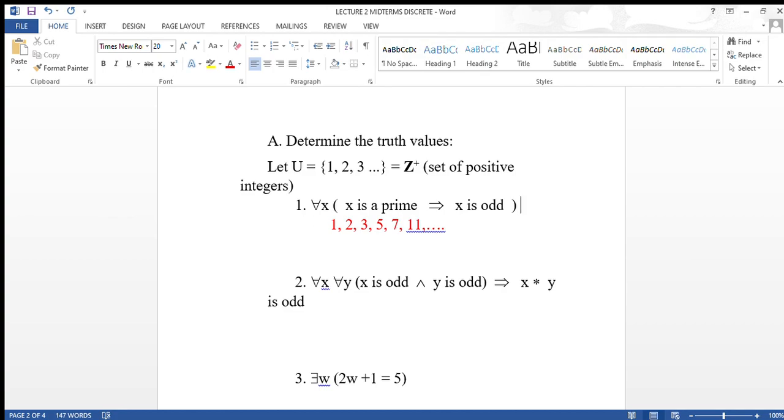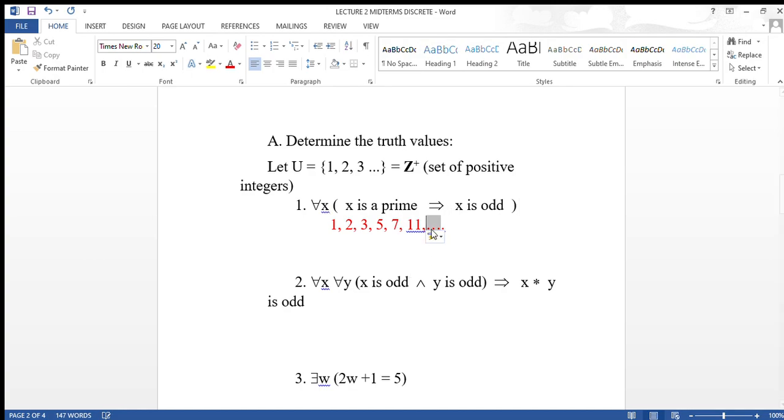So if we look at this one, is there an element we can find that will violate the proposition? If you look at our initial list, you will find here that 2 is a prime number, but it is not odd. It is an even integer.